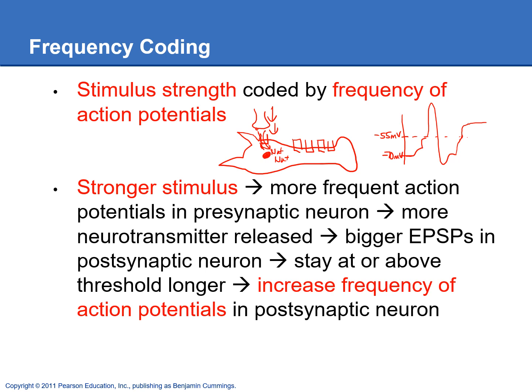And so as soon as you come out of that relative refractory period, you can get more frequent action potentials because you're staying above threshold that whole time. And so your brain is going to see, hey, there's all these frequent action potentials coming in. So that means that someone is not just lightly touching me, they're pinching me really hard. Okay, so that would be frequency coding.